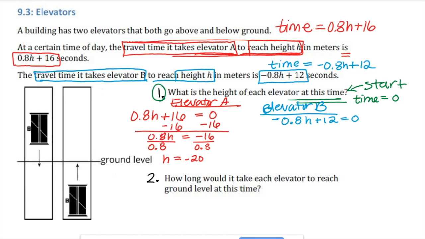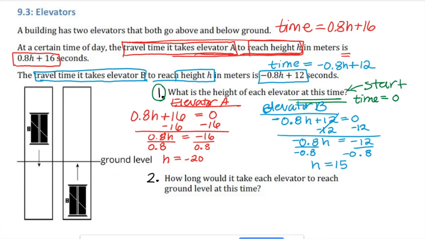Now let's look at elevator B. I'm going to solve. My 12s cancel. Now divide by negative 0.8. And when I divide, my height equals 15.